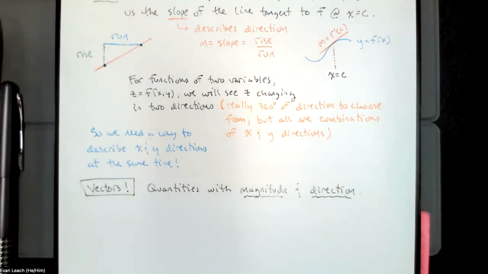A vector describes a quantity with magnitude and direction. This is different than our real numbers. In this context, we'll start describing our real numbers as scalars. They only have magnitude.